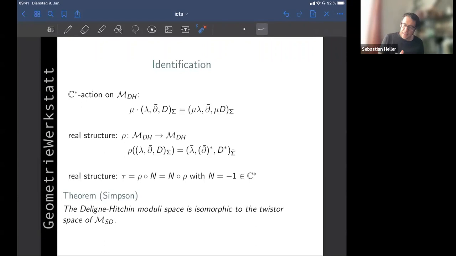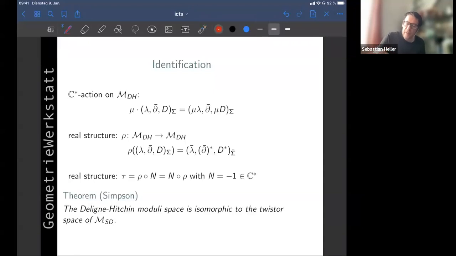It's denoted by rho because it's not the twistor real structure, but it will play a role later in the last few minutes. It's just given by looking at the adjoint operators with respect to the Hermitian metric, on the complex Riemann surface sigma bar.